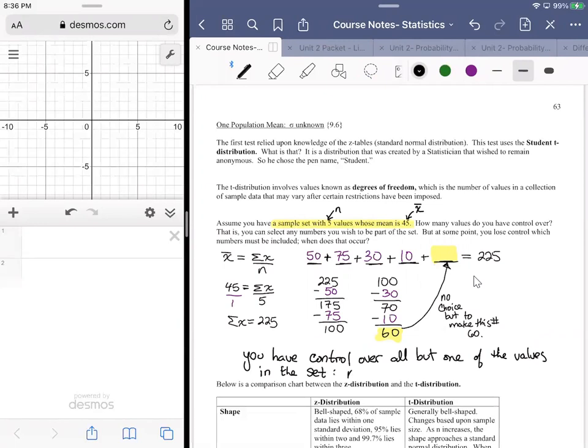That's the same as saying n minus 1. All right, there's n values in the set, 5 in this case. Minus 1 gives you the 4 that you have control over. All right, that is known as the degrees of freedom, which we very creatively abbreviate with a DF.